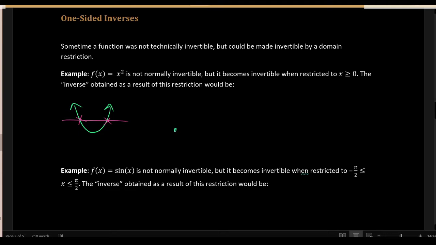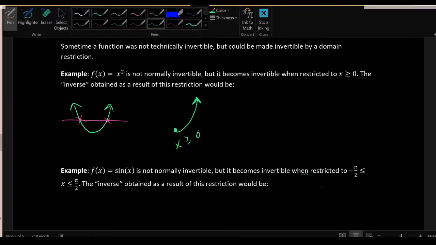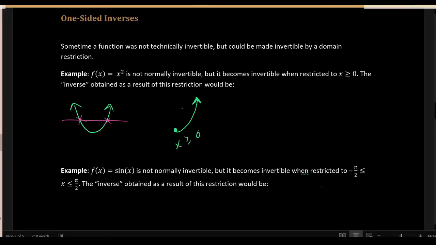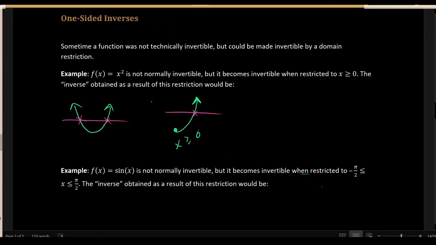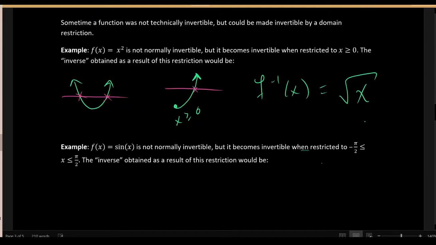But suppose that we restricted the graph so that we only had the right portion of x squared, only the portion where x was greater than or equal to 0. Then this function would pass the horizontal line test, and this function would have an inverse. In particular, the inverse of this version of x squared is given by the square root of x.